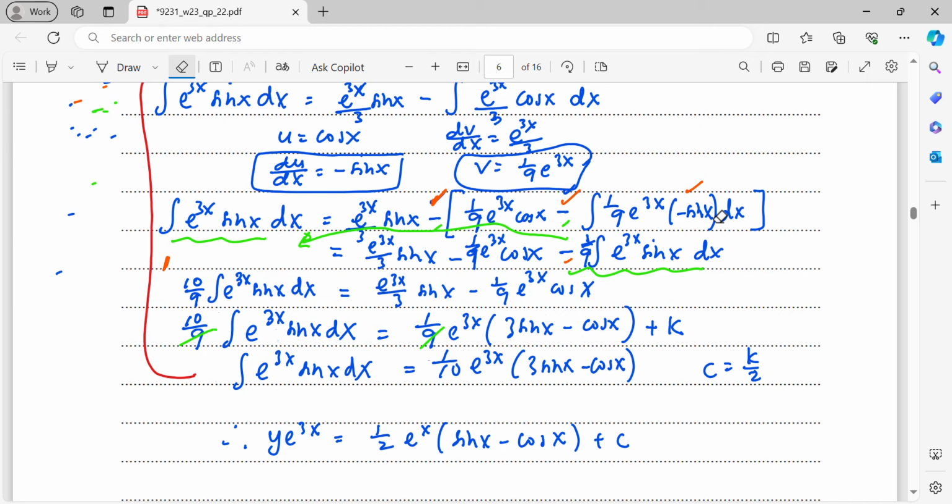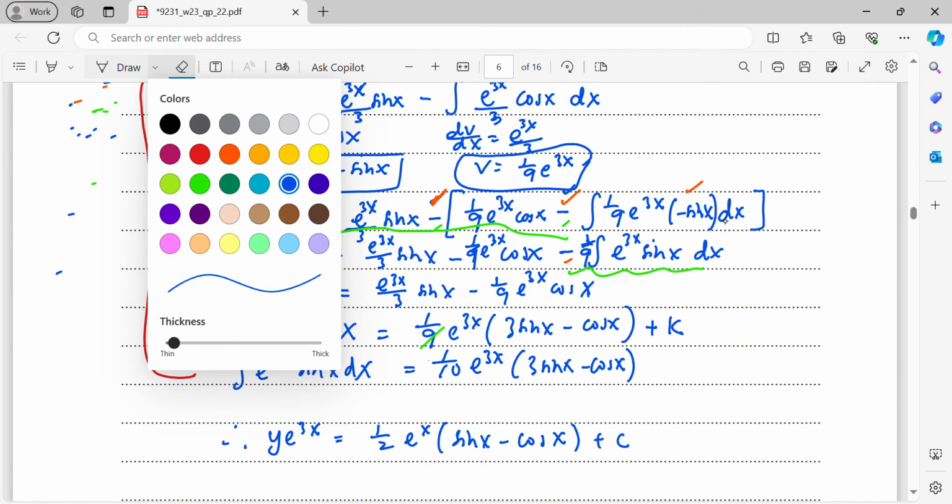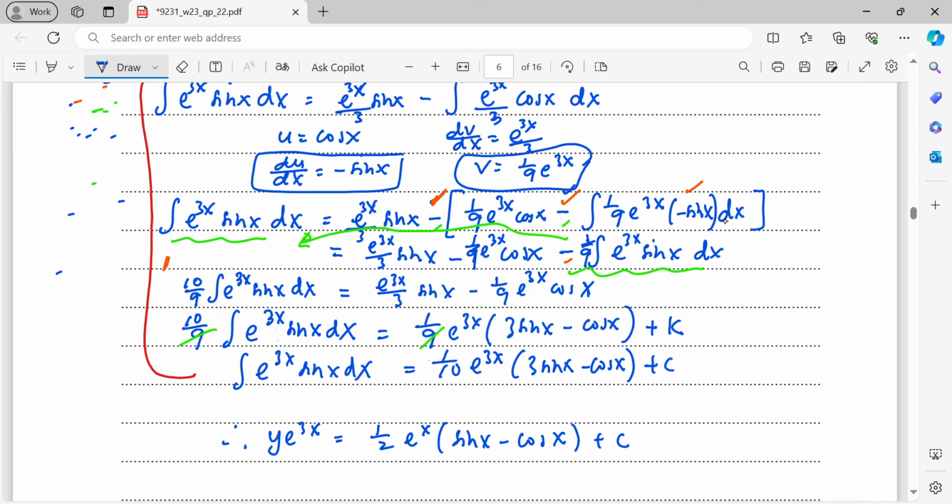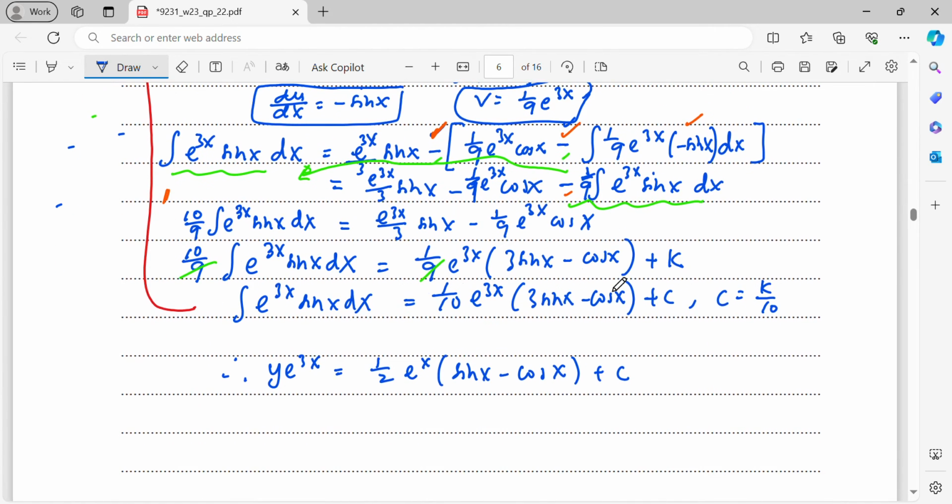Then for the k, you change to c, plus c, whereby the c is basically k over 10. Okay, then now I will copy back all this result. Sorry for the mistakes. It is 1 over 10 e3x (3 sine x minus cos x), then plus c.